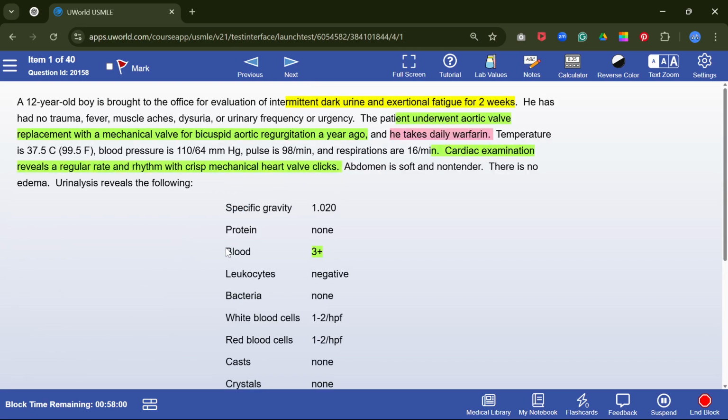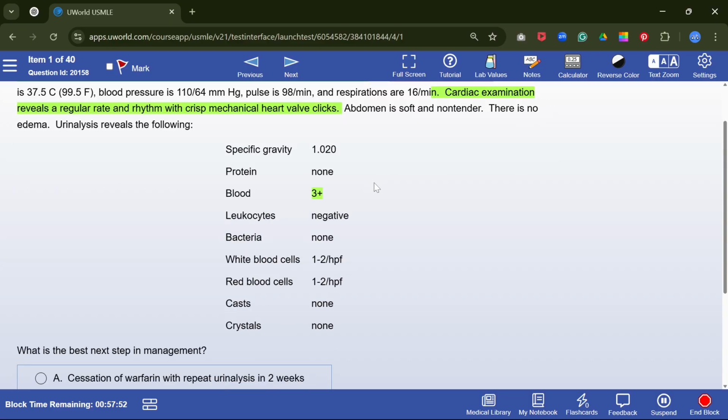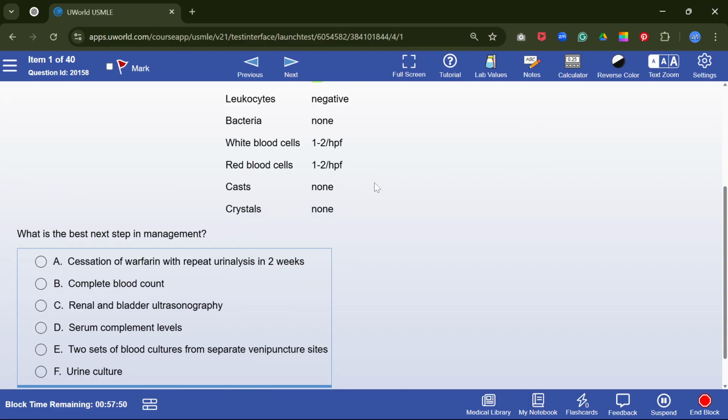Okay, wait. Warfarin underwent. There is no cause. Nothing is present.